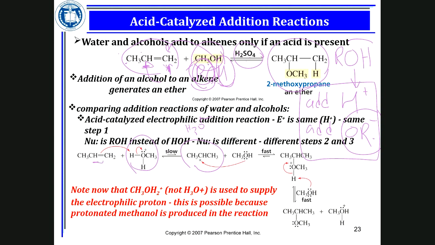H plus would add to the carbon with the greater number of hydrogens. You get your carbocation. In the next step, the alcohol is added as a nucleophile. So this is the second step, when the nucleophile is coming. In the first step, your electrophile is coming. Okay? Addition of the electrophile. So the second step is addition of the nucleophile. When the nucleophile comes in, what is the situation again? What do you have here? A plus charge on oxygen. Is that stable?